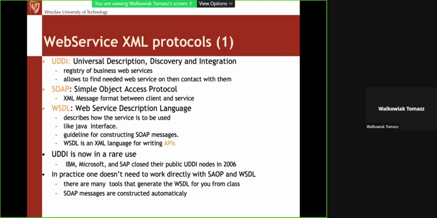So we need some standards that will describe the data we have inside the interface. So they used XML and XML schema, which is a standard for defining types in XML. XML schema is very strict. It's similar to interfaces.